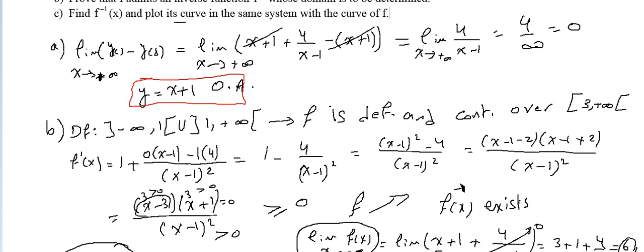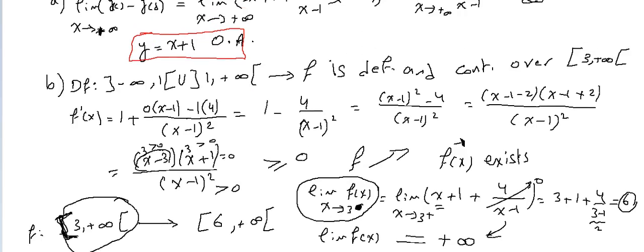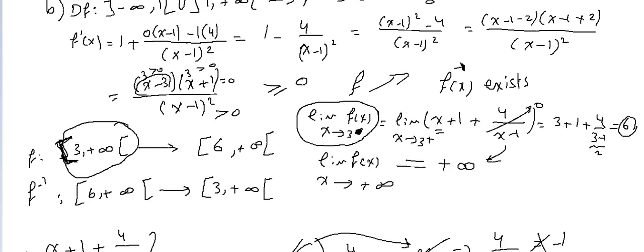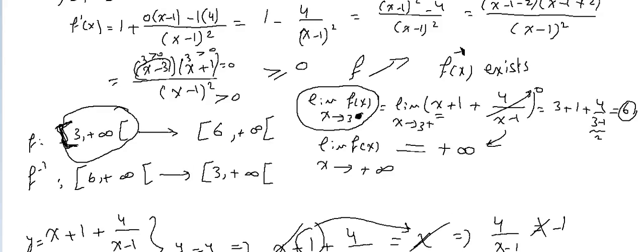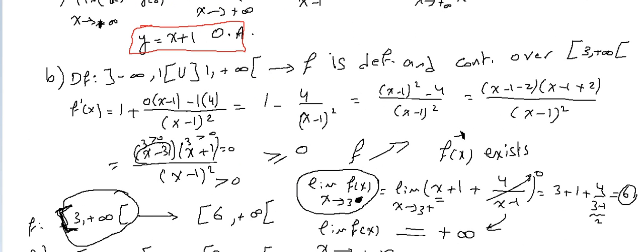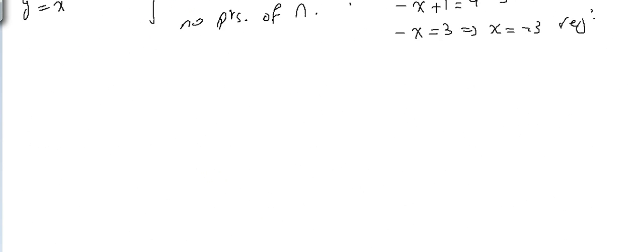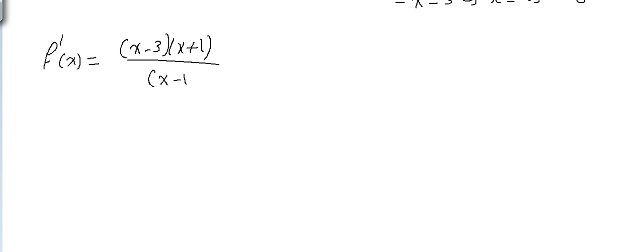The derivative is x minus 3 into x plus 1 over x minus 1 to the power 2.